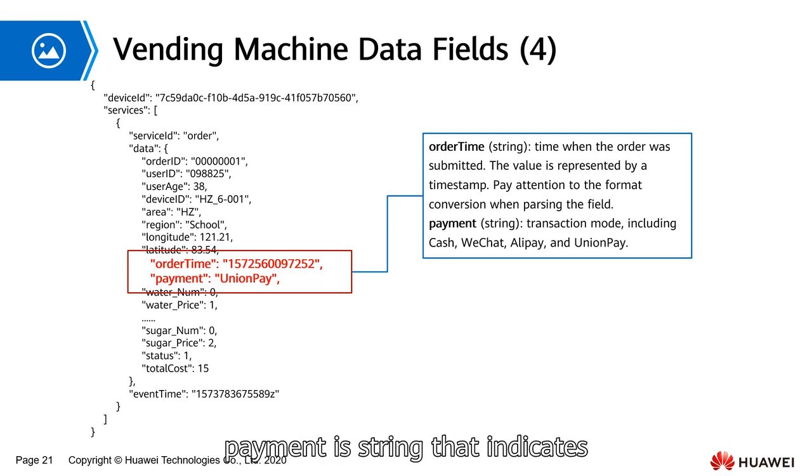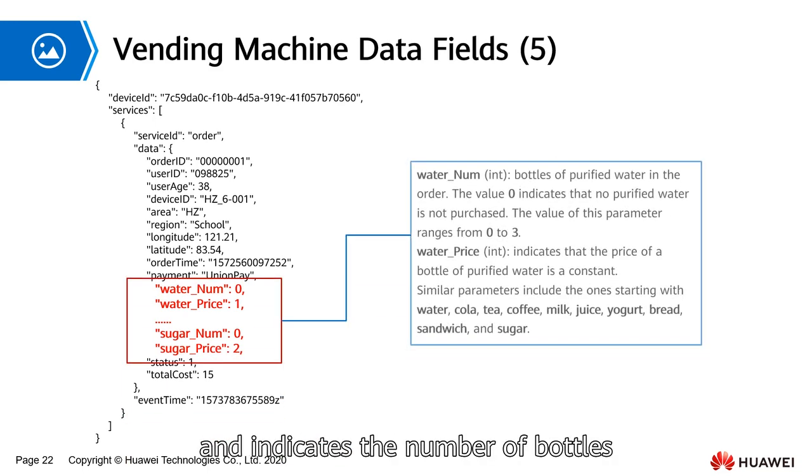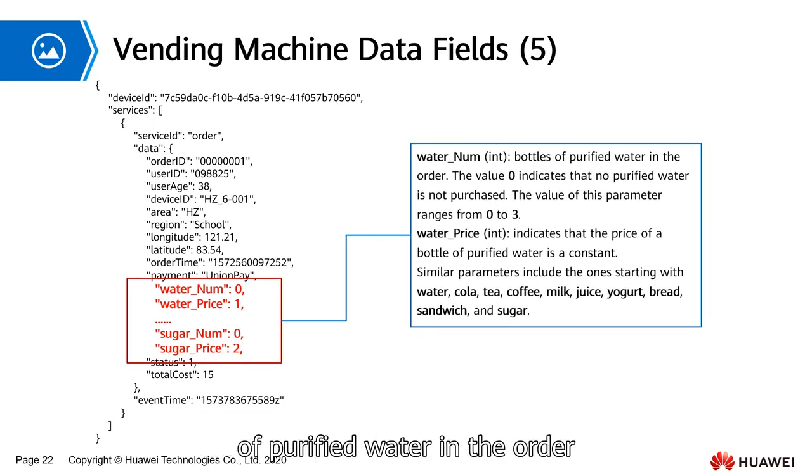Payment is a string that indicates the transaction mode. The values include cash, WeChat, Alipay, and UnionPay. Water num is of the integer type and indicates the number of bottles of purified water in the order. If no purified water is purchased, the value of this field is 0. Otherwise, the value is a specific number.